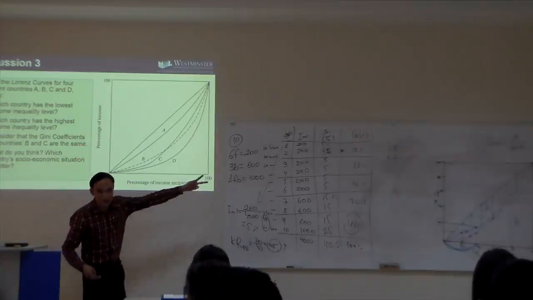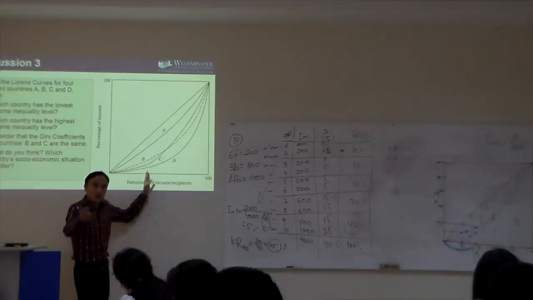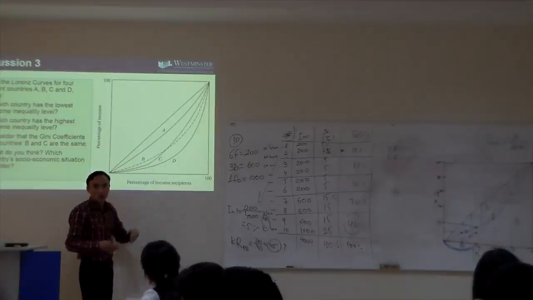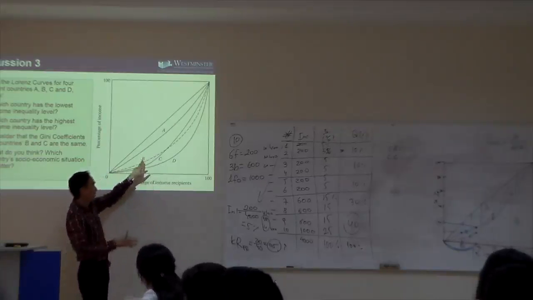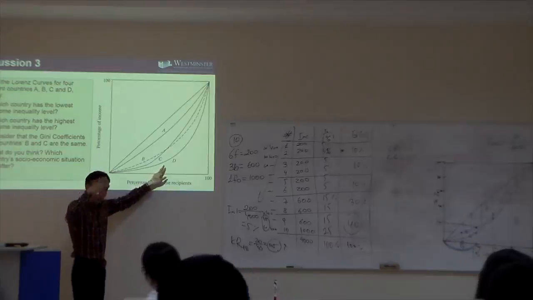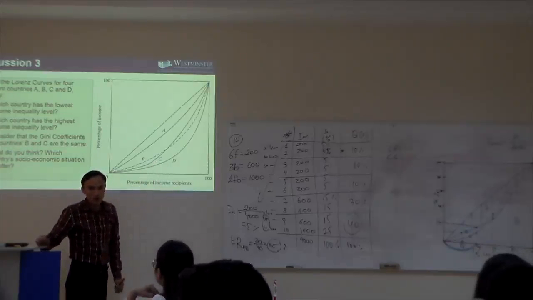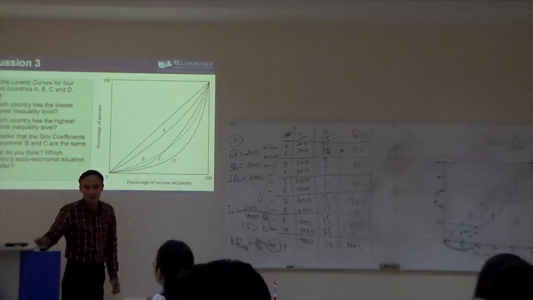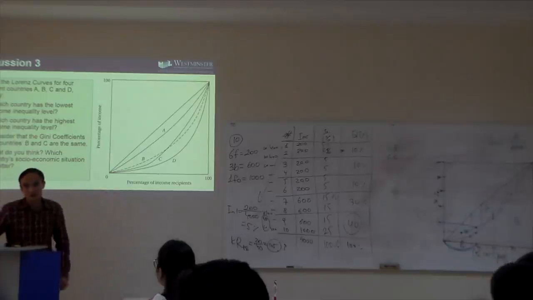We have only been given the Gini coefficient and Lorenz curves. If you really want to answer this question, you must know everything about country B and country C. If you don't know, you cannot make any perfect argument. Do you understand? If you have this question in your exam, the answer is I don't know.